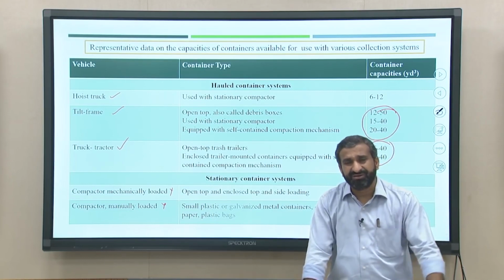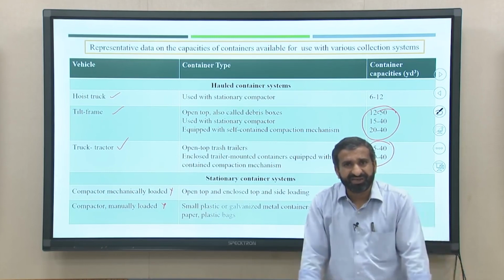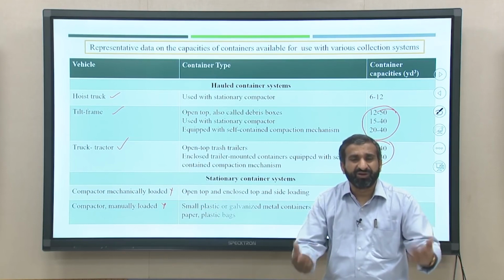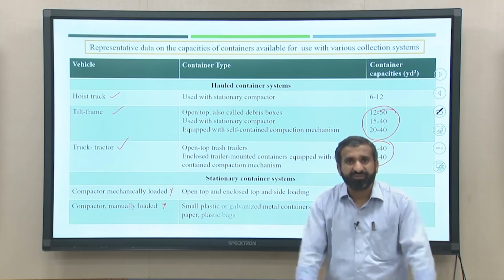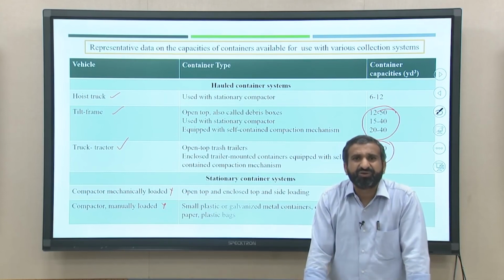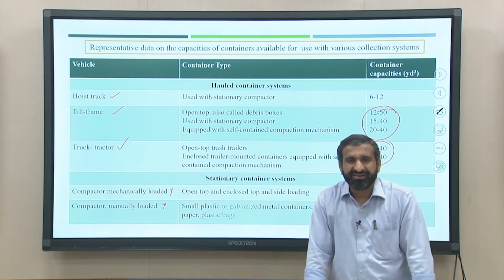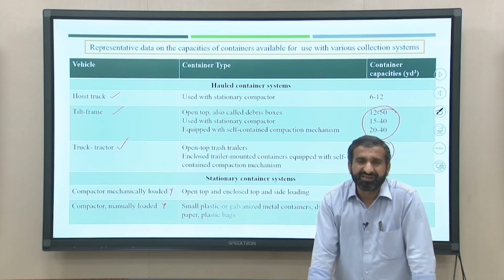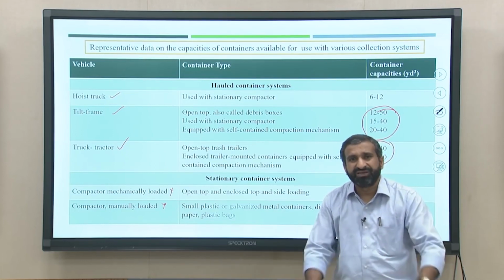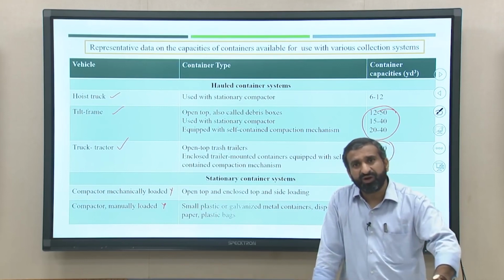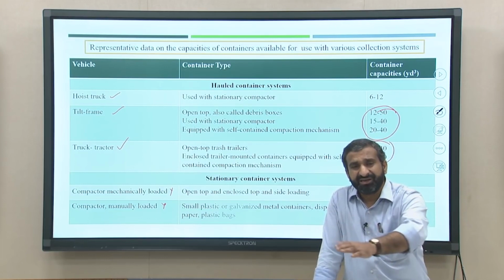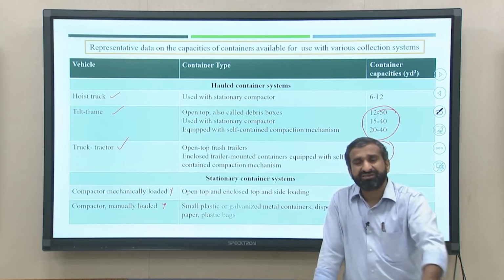For residential areas where waste generation is low, and manual or mechanical facilities could both be possible, and the quantity is less, you can use the stationary container system. This is the simple way we can finalize, and one city could have both collection systems. It is not that the entire city will have the haul container system.